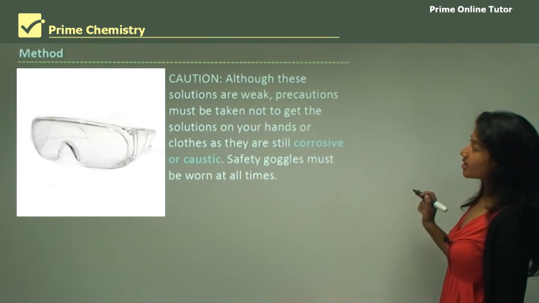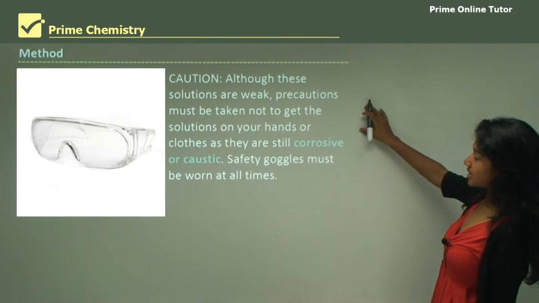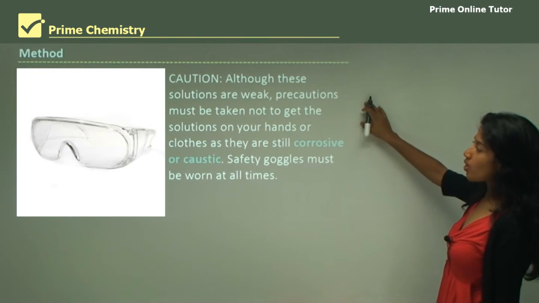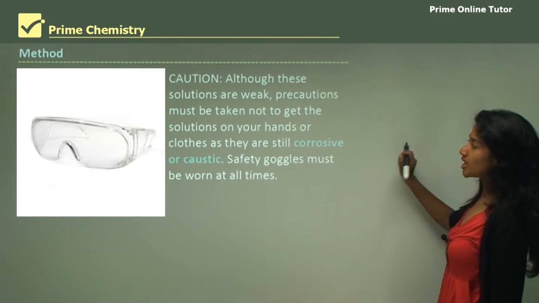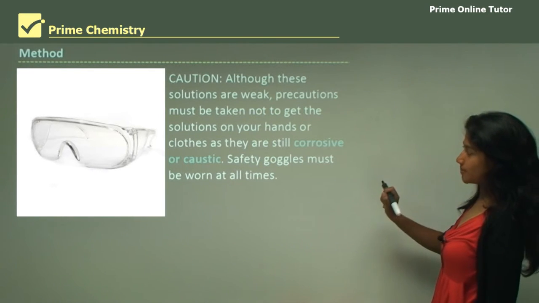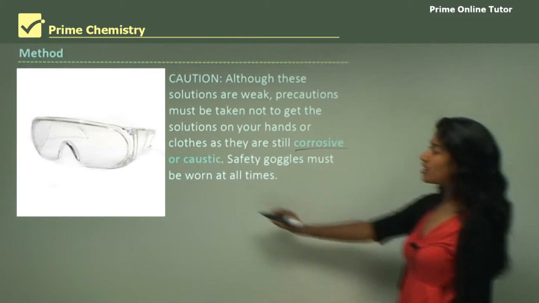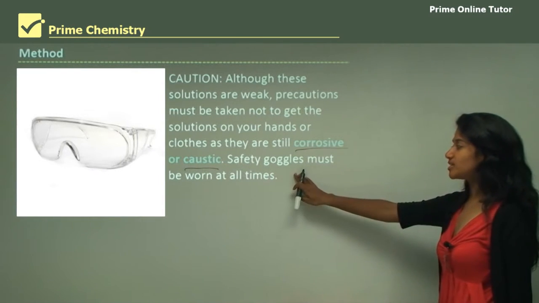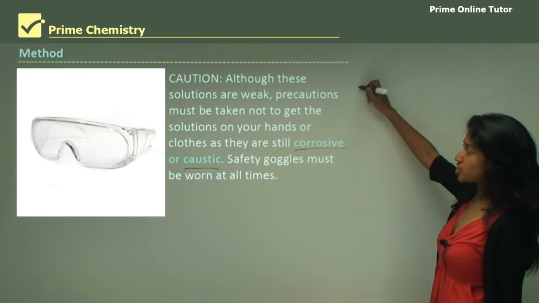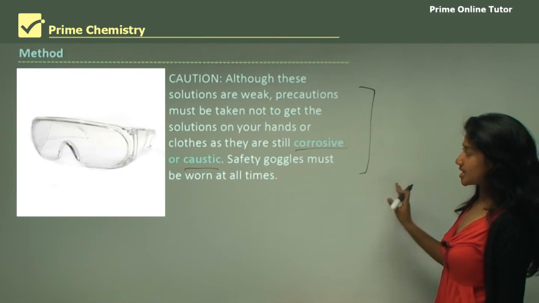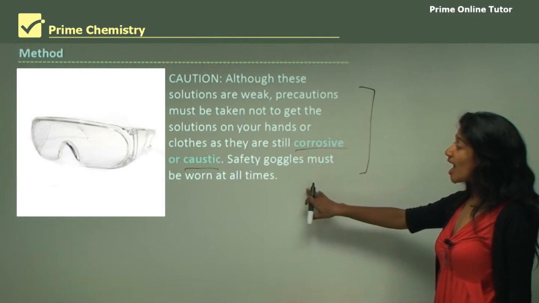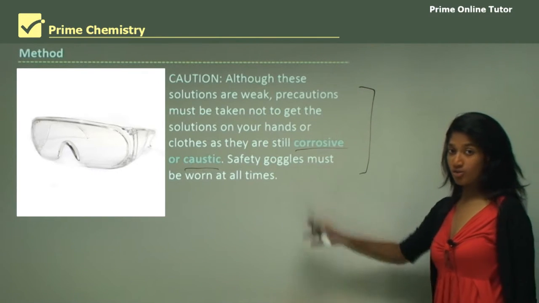So this safety risk assessment would say, although these solutions are weak, precautions must be taken not to get the solutions on your hands or clothes. They are still corrosive and caustic, and safety glasses must be worn. So this clearly shows the risk assessment, and it tells you why it's dangerous and also how to prevent danger.